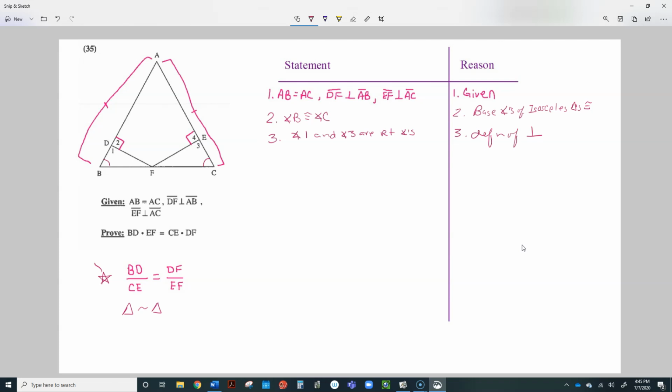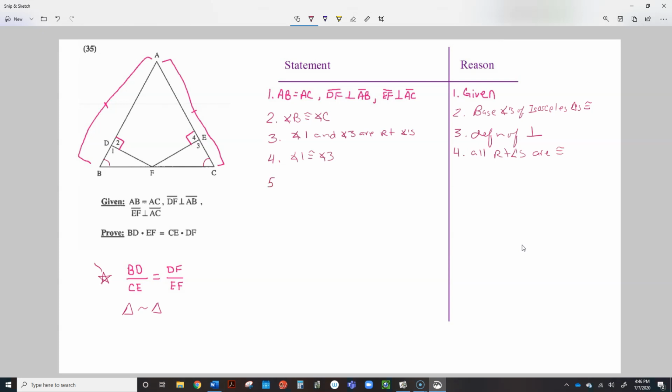You look up the definition of perpendicular, it says two lines that form right angles. So we know that those are right angles because they told us they're perpendicular. And then statement number 4 can be angle 1 is congruent to angle 3. And the reason for that is there's a theorem: all right angles are congruent.